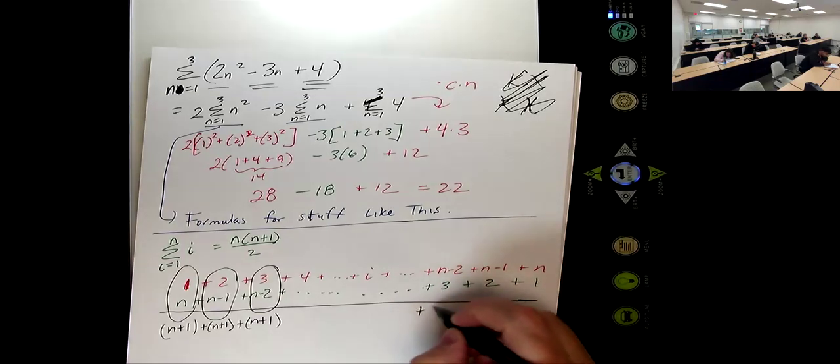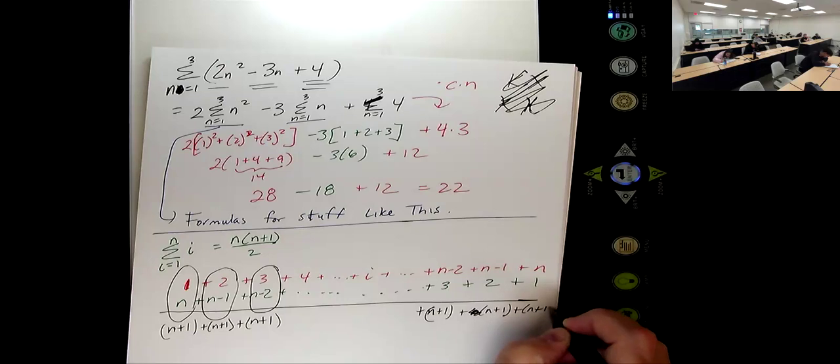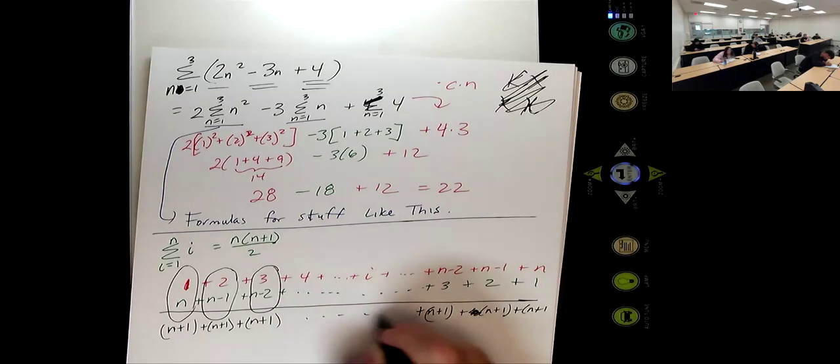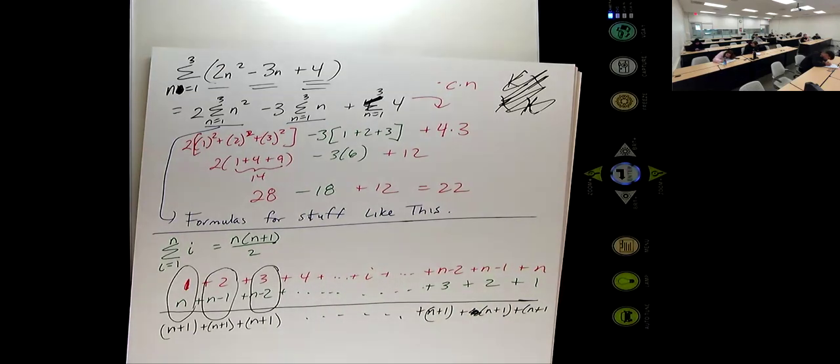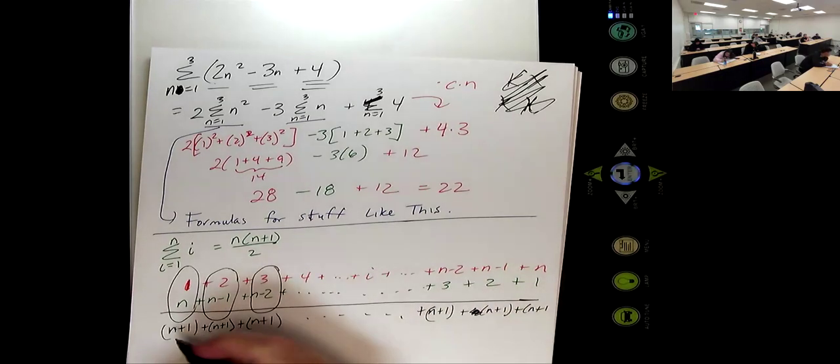Come down here, we have the same thing down here. They're all N plus 1. There was 1, 2, 3, 4, I up to N of these. There is N times N plus 1 right there.